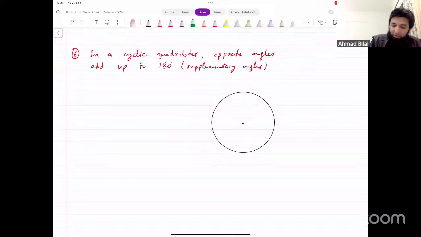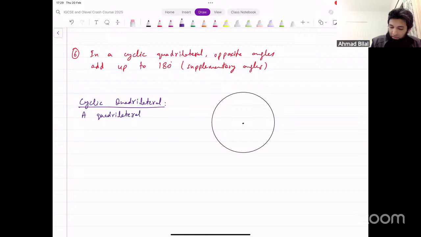Now, what's a cyclic quadrilateral? A cyclic quadrilateral is one that has all its vertices on the circumference. A quadrilateral having all its vertices at the circumference.